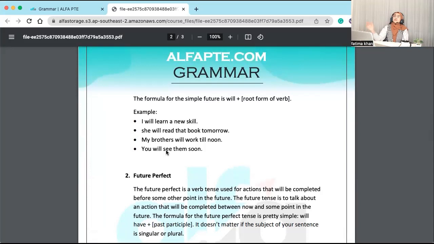Now, what is future perfect tense and how do we use it? Future perfect tense is when you say will plus have and the third form, the past participle. I will have left, I will have eaten, I will have gone, I will have done, the past form of the verb, but with will have. That's when you use future perfect. The future perfect verb tense is used for actions that will be completed before some other point in the future.